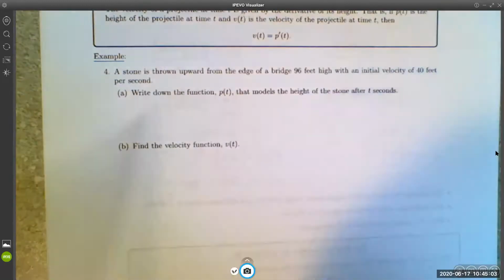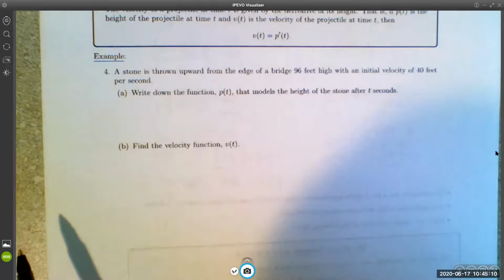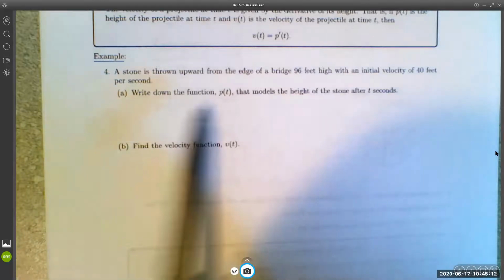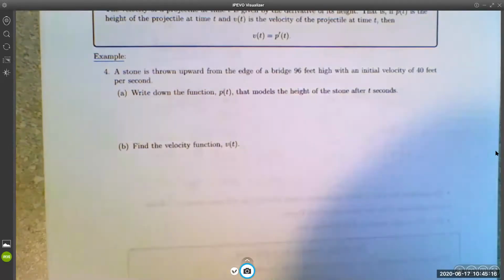So let me give you some examples. This one says, a stone is thrown upward from the edge of a bridge 96 feet high with an initial velocity of 40 feet per second. Write down the function that models the height of the stone after t seconds.